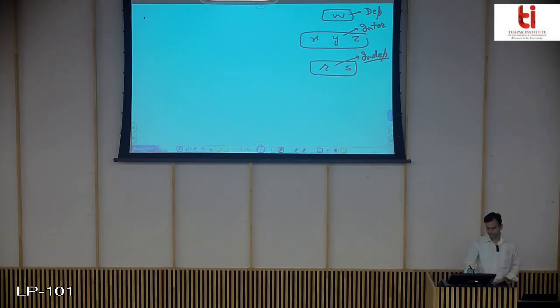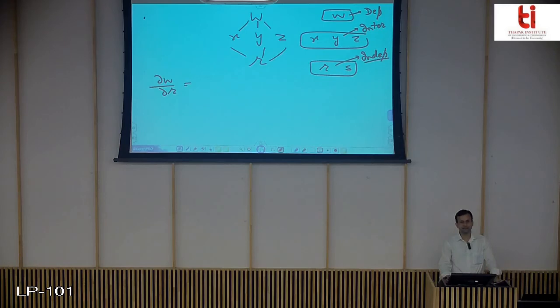So let me differentiate w first with respect to r. I am not writing now on the tree diagram. If I am differentiating w with respect to r, I now will have partial derivative del w by del r, because now w depends upon r and s. We have two independent variables.